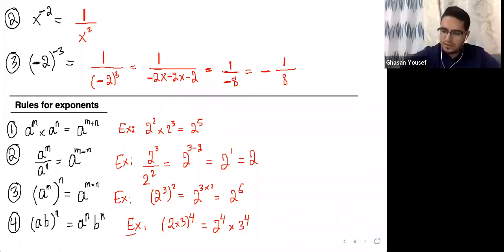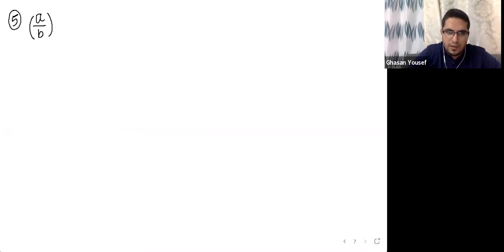So the last rule is rule number 5. Here we have a over b to the power n. This is equal to a to the n. We distribute the exponent also for the quotient, a to the n over b to the n.